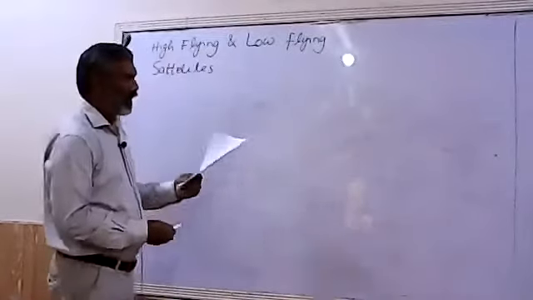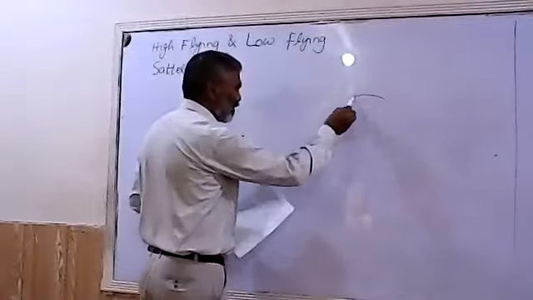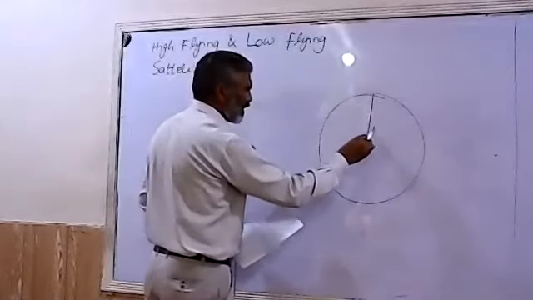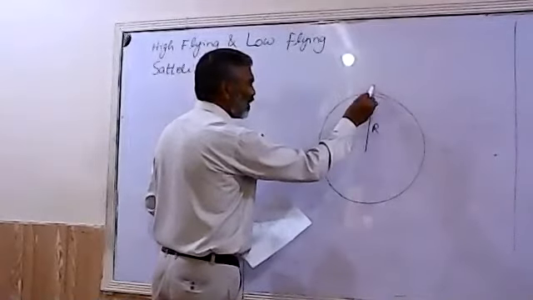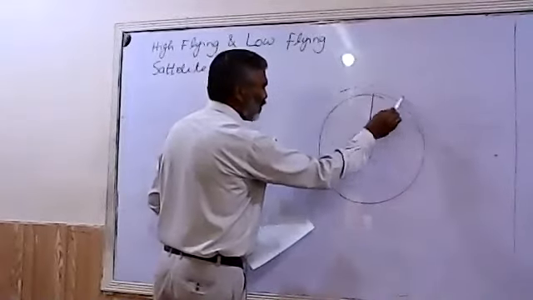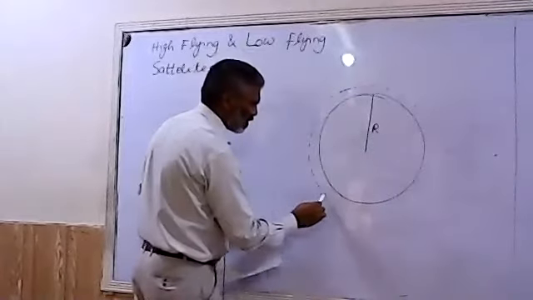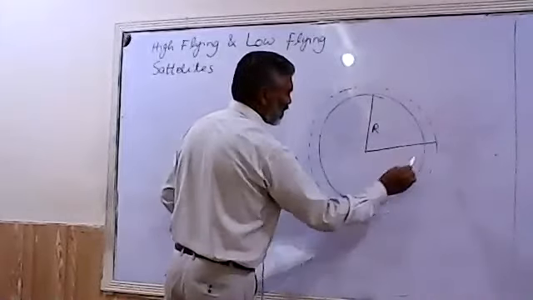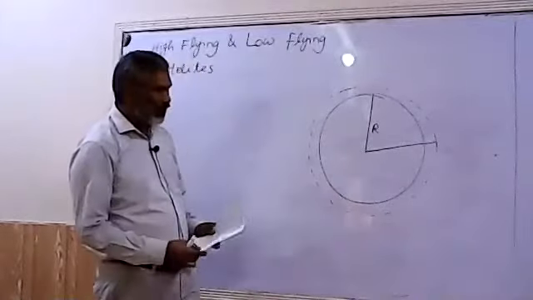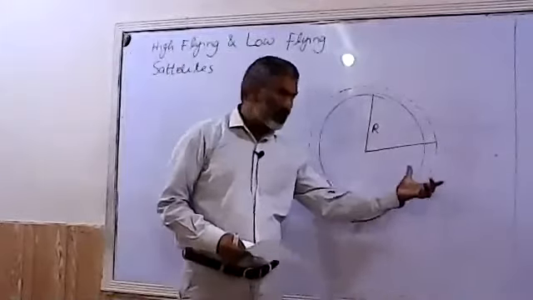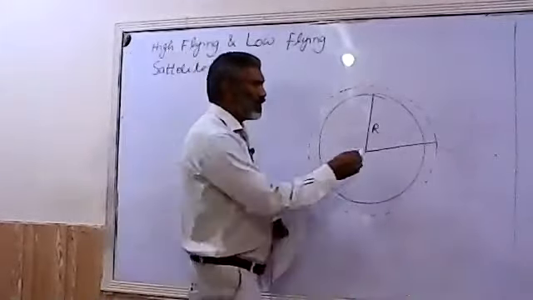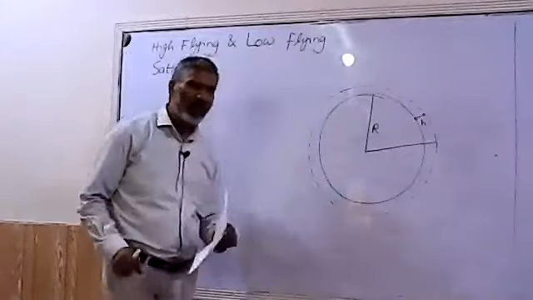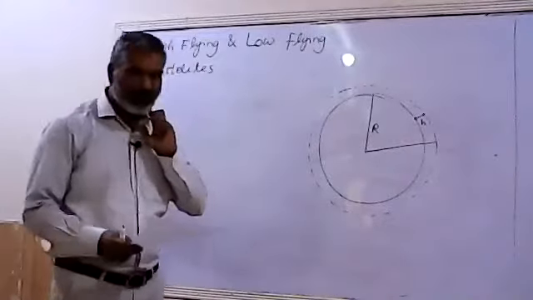So when I consider a low-flying satellite, I mean this is the planet Earth with such a large radius, and the satellite is moving in a radius which is only slightly larger than the radius of the Earth, which means this height h is so small that we can practically ignore it.